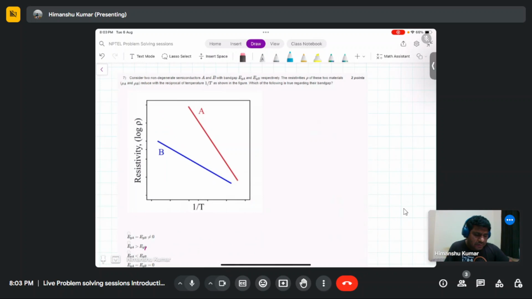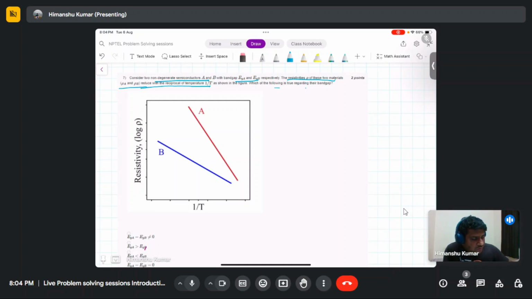Consider two non-degenerate semiconductors A and B with band gaps EA and EB. The resistivity of these two materials reduces with respect to temperature as shown in the figure. Which of the following is true regarding their band gaps? Basically, resistivity rho is inversely proportional to the carrier concentration, and because these are intrinsic semiconductors, it is inversely proportional to Ni.